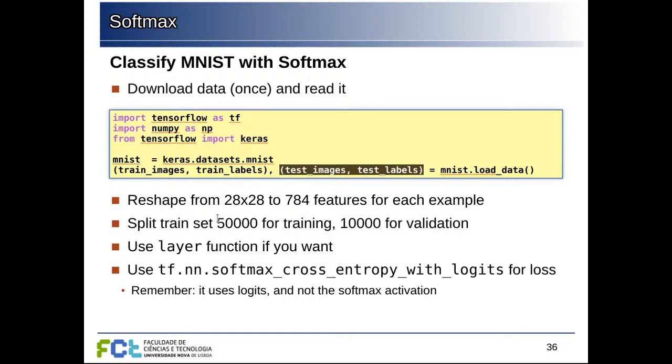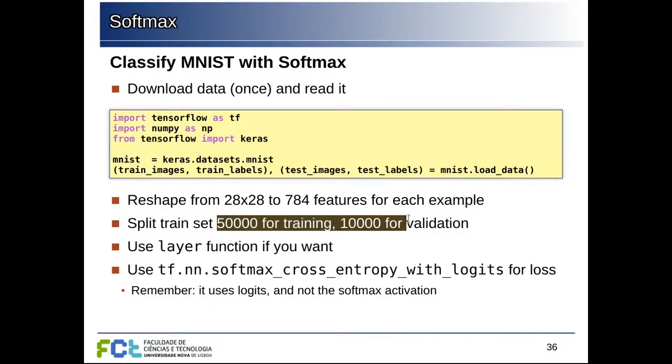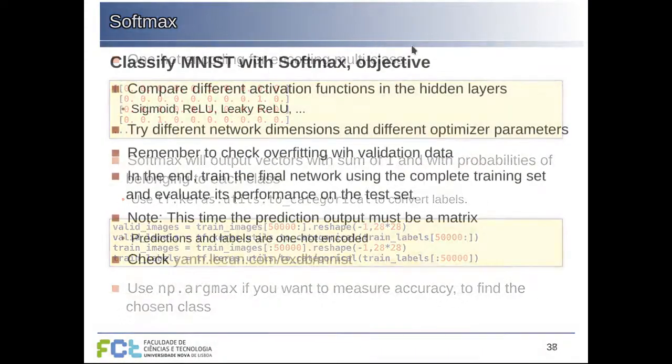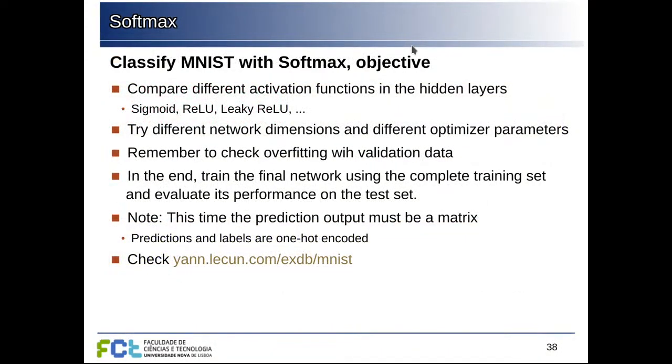But with the training set, you're going to split it into training and validation, and you can follow the validation error during the training of your network, so that you can check if your network is overfitting. That is, if the training error is much lower than the validation error. So this can help you choose the best architecture, choosing different numbers of layers, different numbers of neurons per layer, and so on.